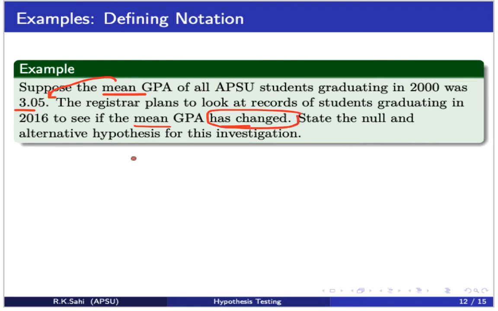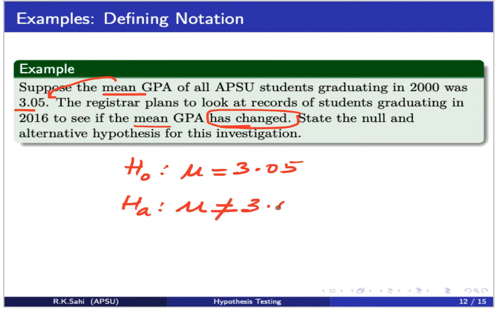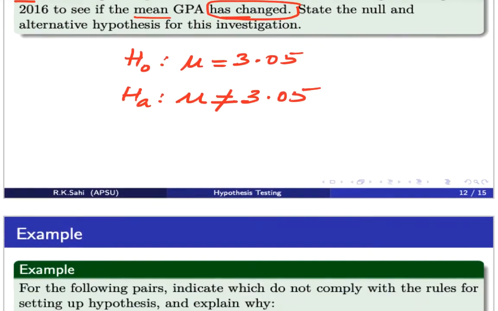And now we simply can write it down. H sub naught, or H0, is the mean, that's mu, equals 3.05. Then the alternative hypothesis, HA, is the mean has changed. That means either it can go up or can go down. The symbol is not equal to 3.05. Okay, let's look at a different kind of question which can be asked of us.